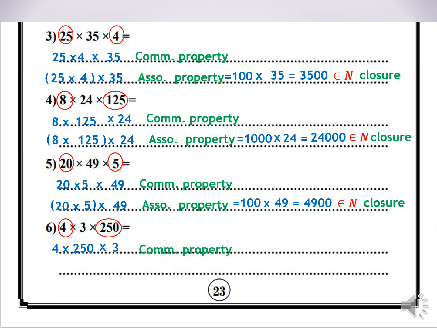This is called commutative property. Then I will solve 4 times 250 alone and then multiply 3. I will put them in a bracket, so it's associative property. 4 times 250 equals 1000 times 3 equals 3000, belongs to N, closure.